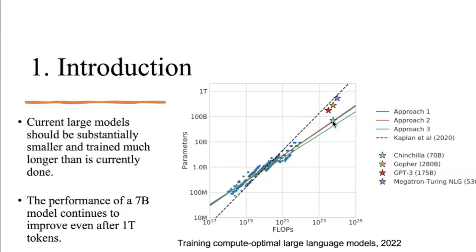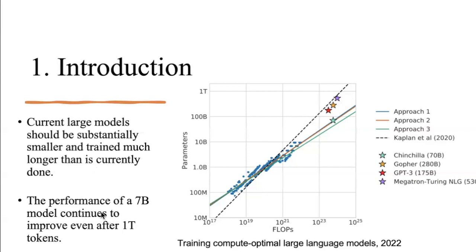Meaning that if you shrink the model size but have more computing power, you can use that additional computing power to train with more epochs and iterations, let the model see more tokens, and end up with better performance.